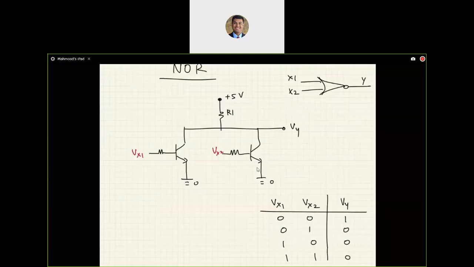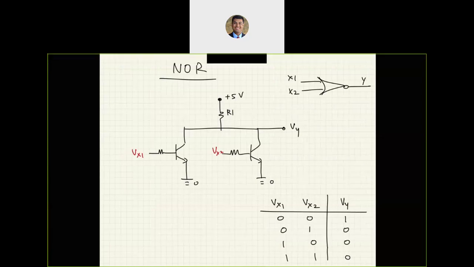Let's talk about NOR. Is there a difference between a transistor that we are using now to make these circuits compared to a switch, which is what we were using before? A switch is a two-state element, on and off. The transistor is not just going to work as a switch, it's also going to work as a current amplifier. So the transistor has more capabilities than a simple switch.